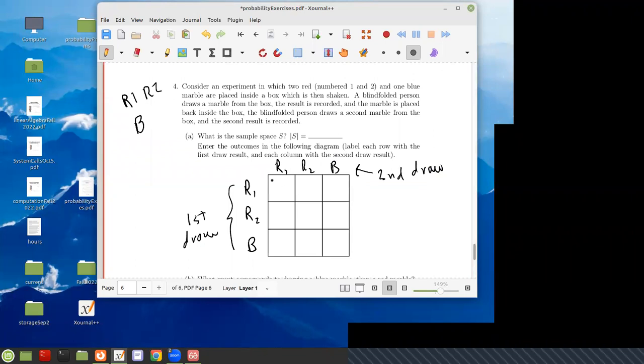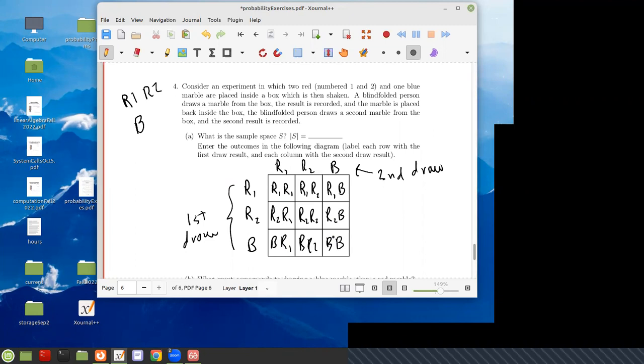And so what's intended is that this box here would be the outcome in which you got red 1 in the first draw, red 1 in the second draw. So you draw in here red 1, red 1. I think we can do this together. So you can fill in the, so this is just a mechanism for writing out all the outcomes for this somewhat more complicated situation.